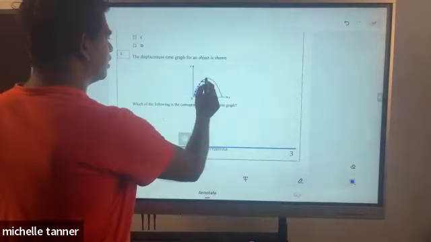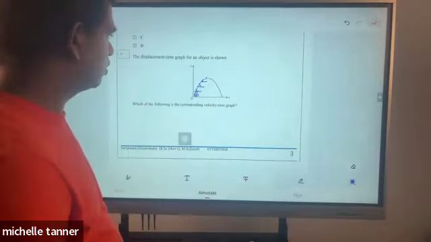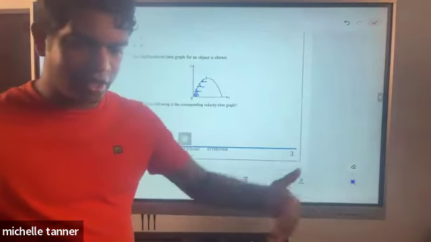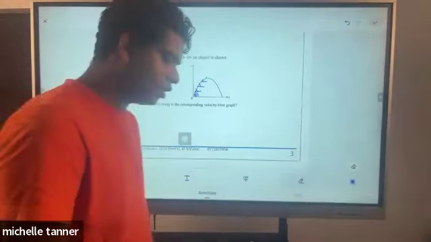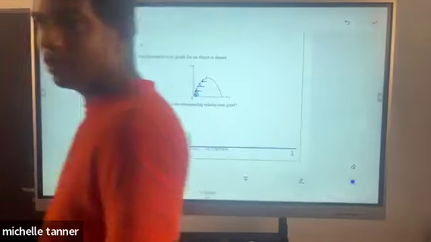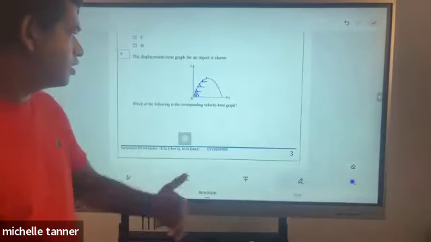Decreases, finally zero, no? And displacement decreases means the direction is changing. The object initially moves this way, and after that moves this way. The direction is reversed.